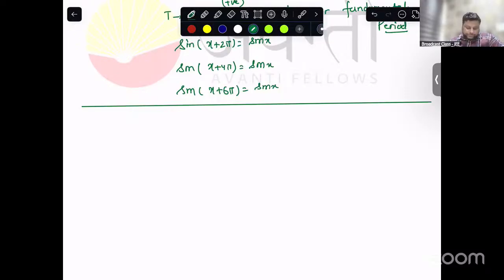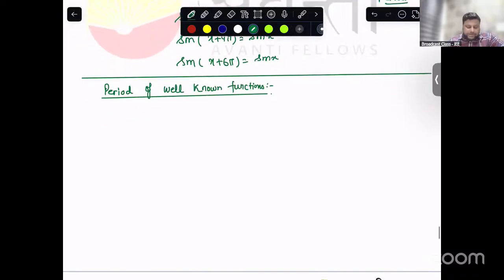Now, first of all, we have to understand and remember the period of a few well-known functions. Like f(x) equals sin x.